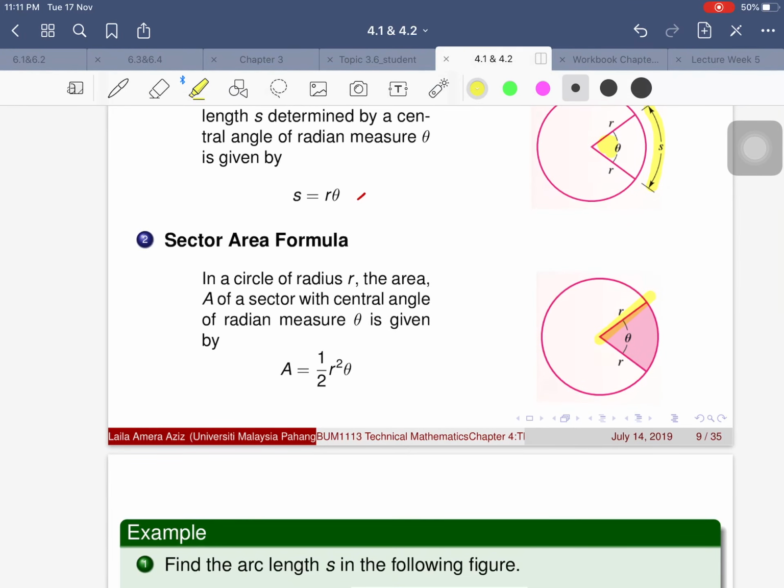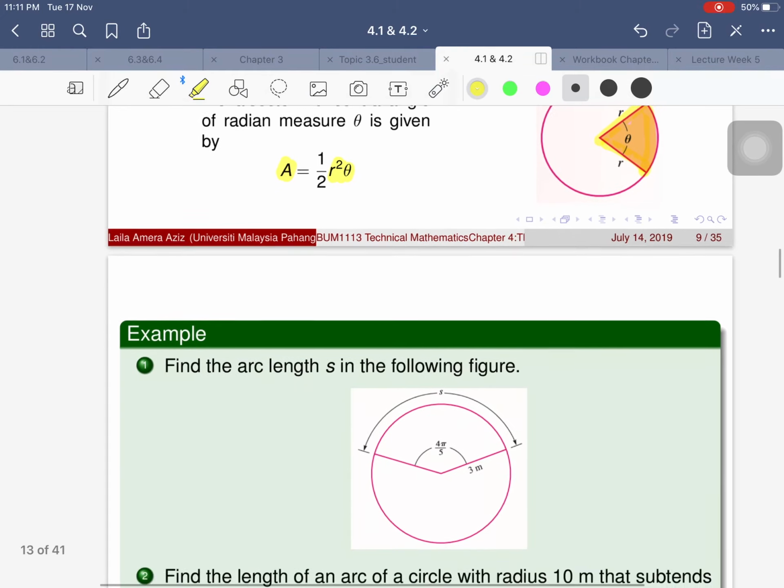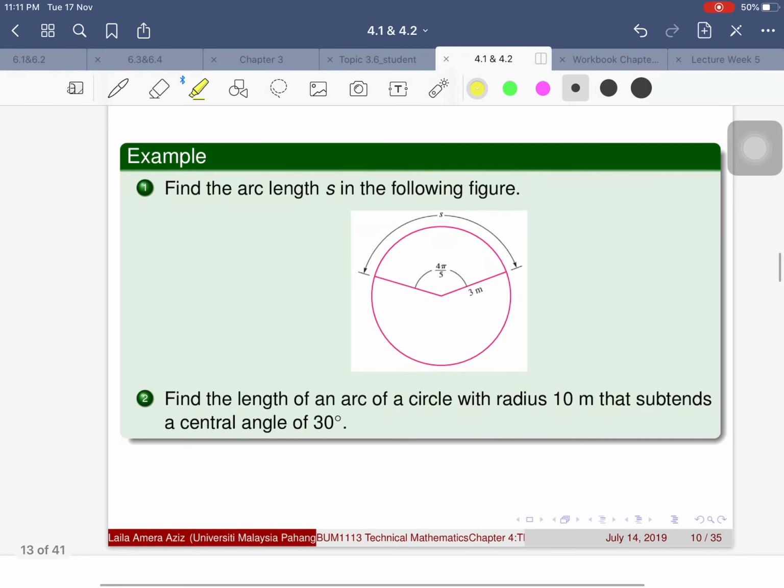So here these are our two lines, and the area confined between both lines we can find by using this sector area formula. The formula is given by area equals a half of r squared theta. So if we know the value of r and the value of theta, automatically you can find both the arc length and the area confined by the two lines.